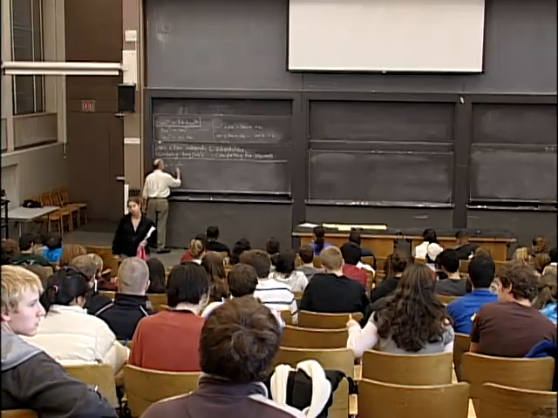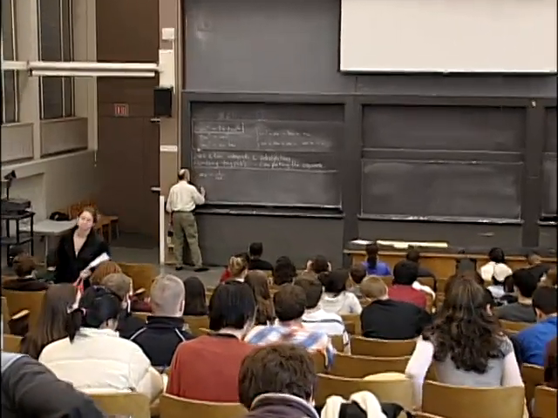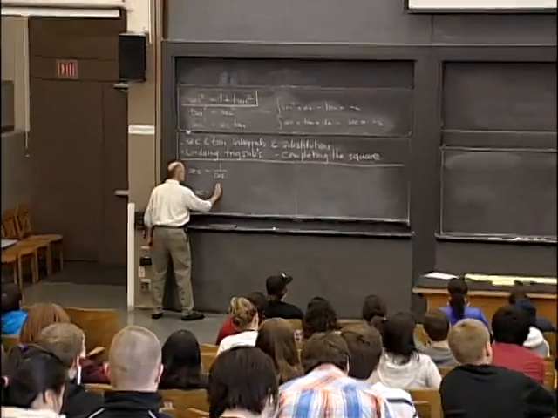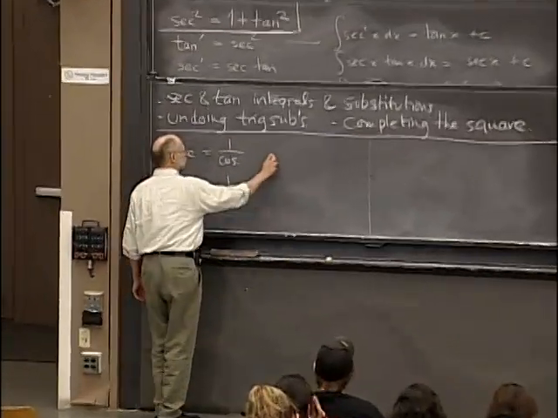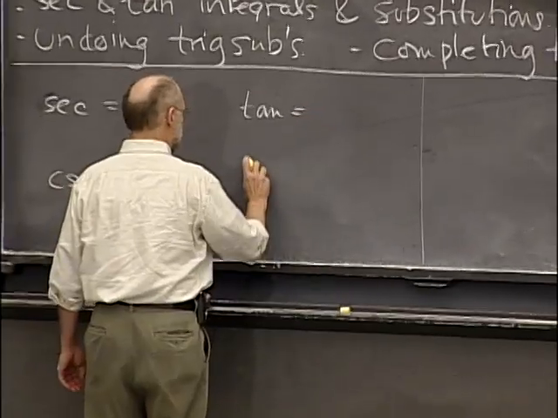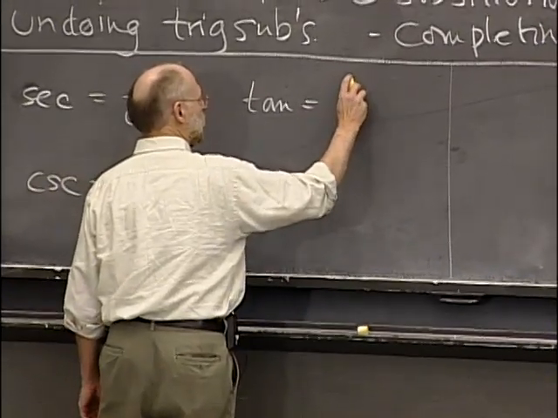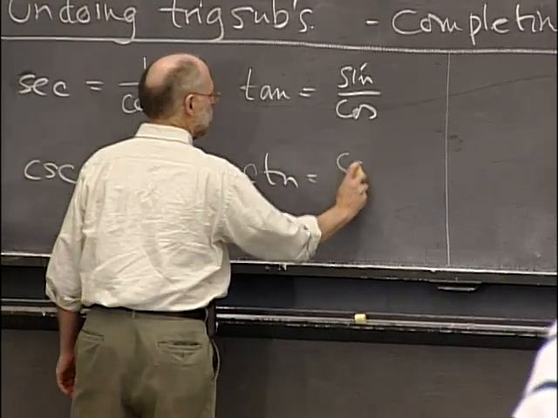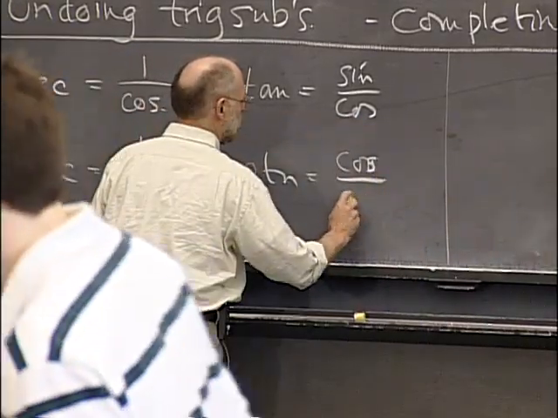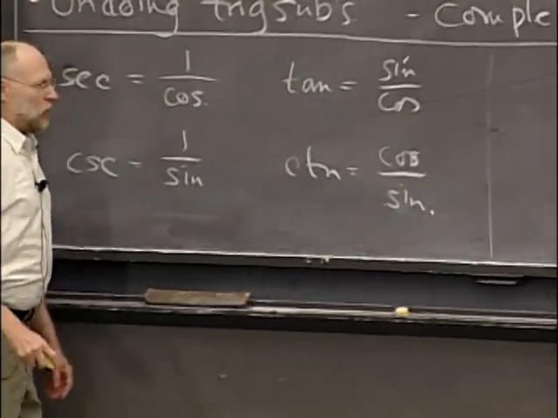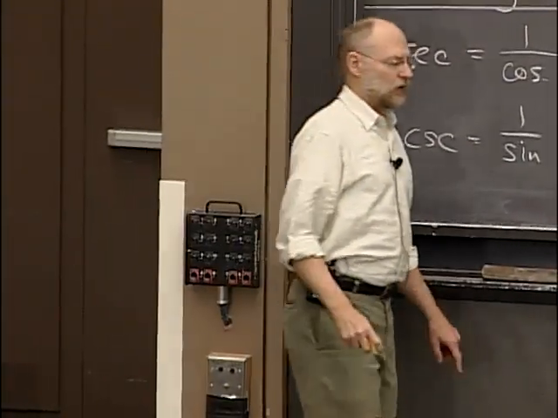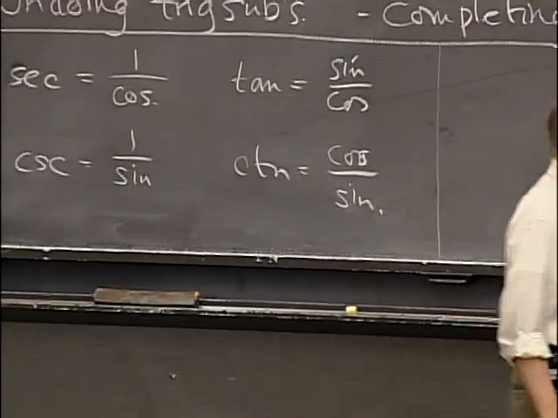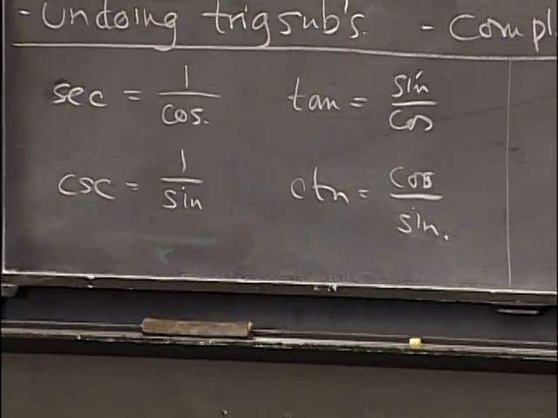It's 1 over the cosine. And the cosecant is 1 over the sine. Of course, the tangent is the sine over the cosine, and the cotangent is the other way around. So when you put a co in front of it, it exchanges sine and cosine.